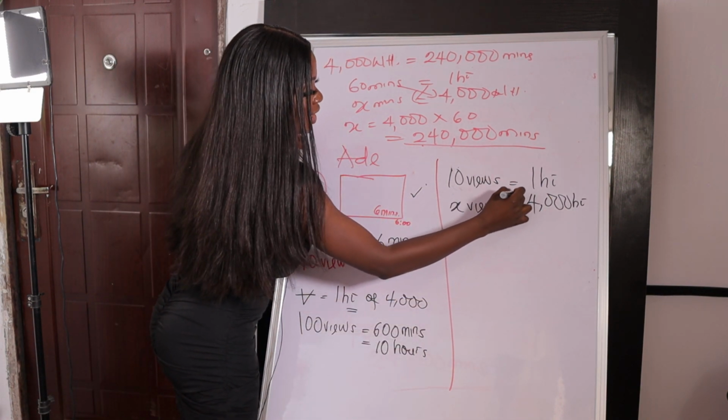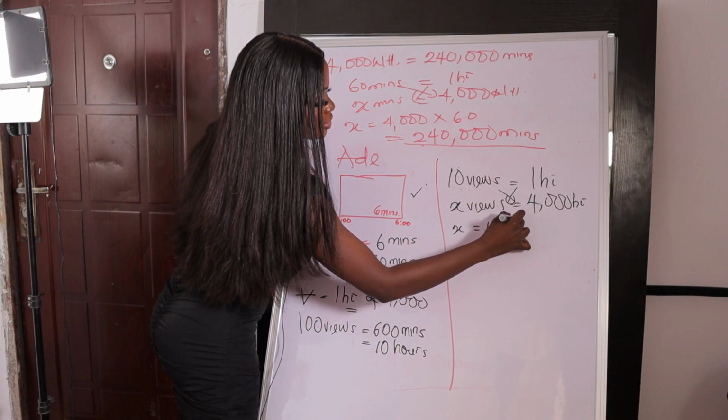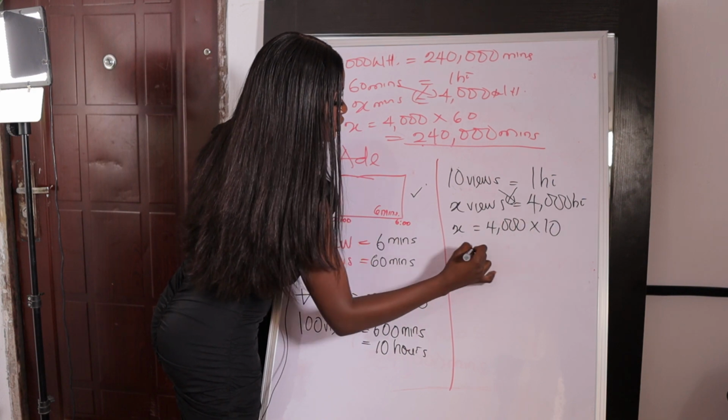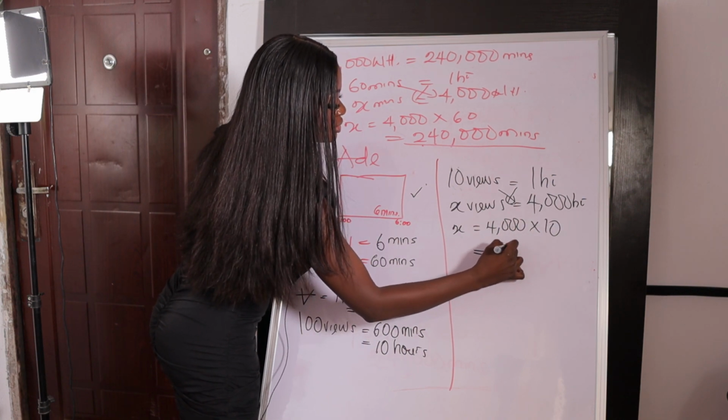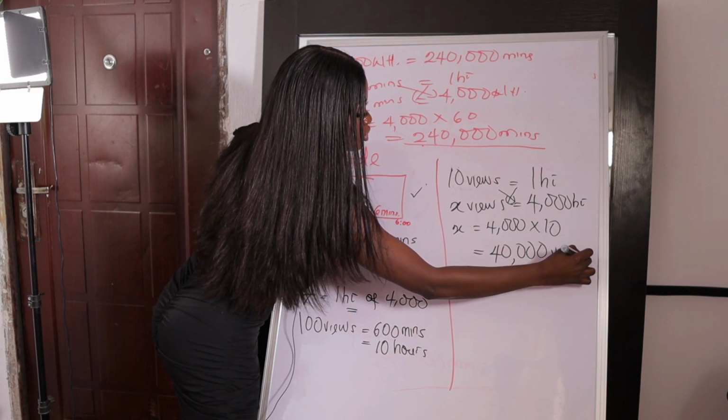So we cross multiply again. We have X equals 4,000 times 10, which equals 40,000 views.